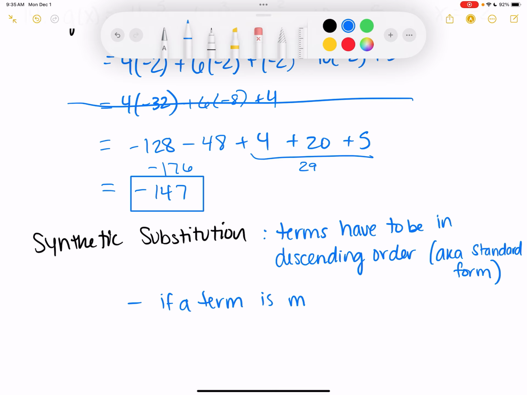So if we went 4, 2, you'd have to put a 4, 0, 2, because it would be x to the 4th, and then there's no x cubed, so I'd put 0x cubed. And we'll look at that. That's really important, and also for synthetic division, which comes later but works very similar to synthetic substitution.